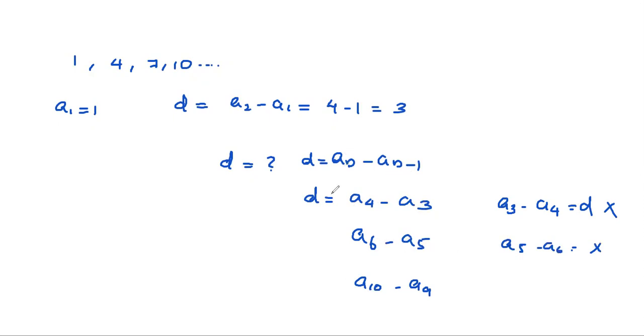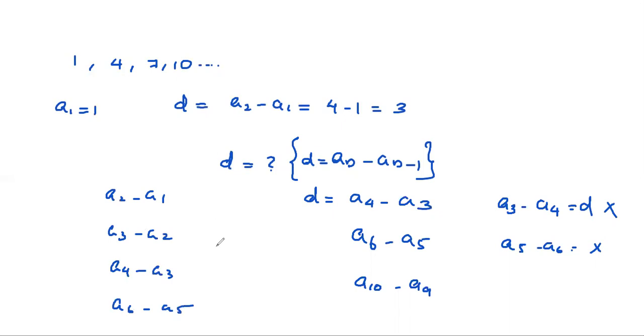That is An minus An minus 1. This is the general equation. Always you should follow this procedure to calculate D. So it is always A2 minus A1, A3 minus A2, A4 minus A3, or A6 minus A5. But as I said earlier, A2 minus A3 is not correct. So you should remember this point.